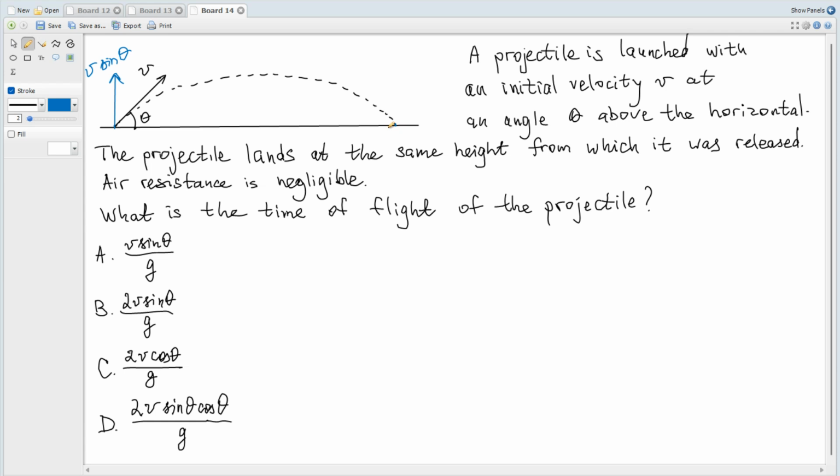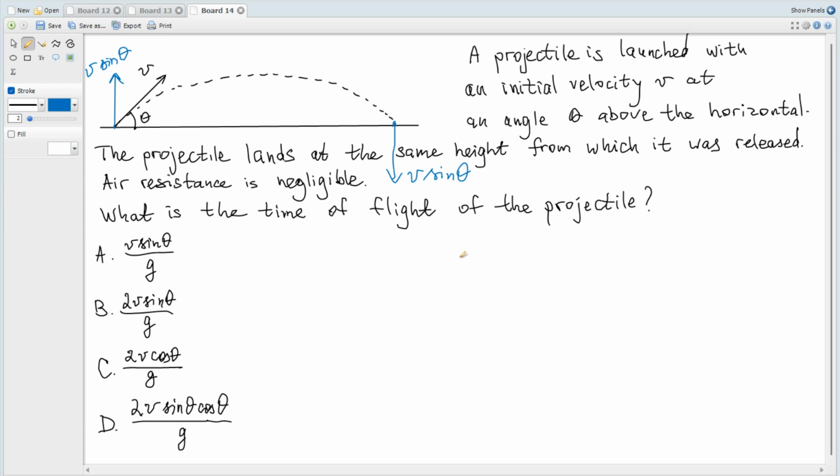If we consider the velocity, it has the same magnitude, but it's downwards. So the magnitude is also v times sine of theta, but in the opposite direction.